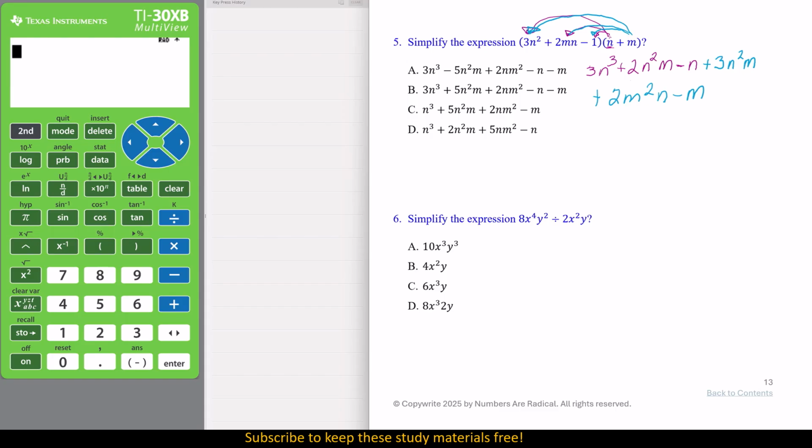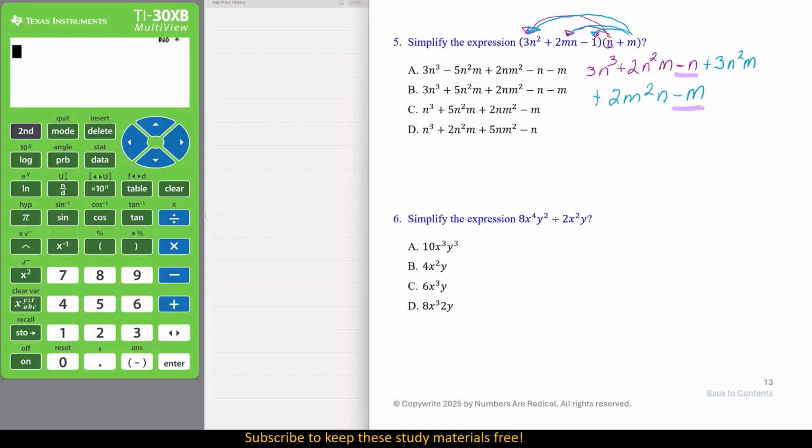The first thing I'm going to look at is the minus n and the minus m. There are no other like terms to combine those with, so we must have them at the end for proper writing purposes. We should have minus n and minus m.